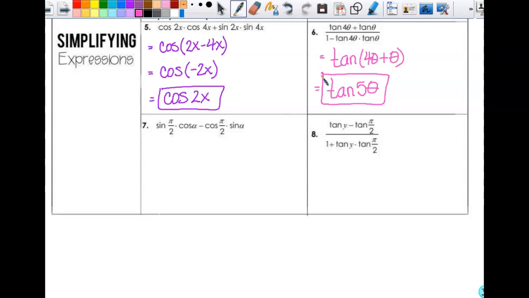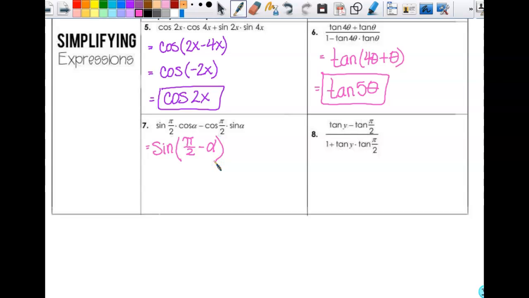All right, so look at number 7. Sine times cosine, cosine times sine. That looks like one of my sine identities. There's subtraction in here, which matches the subtraction in the difference. So this is going to be sine of A minus B. So this equals the sine of pi halves minus alpha.